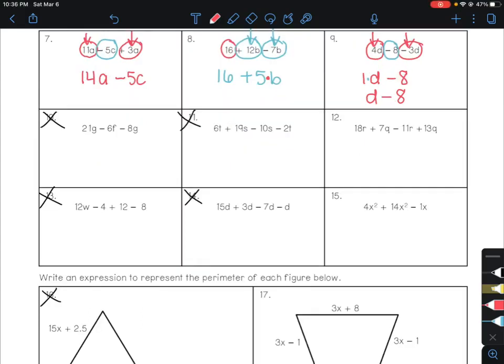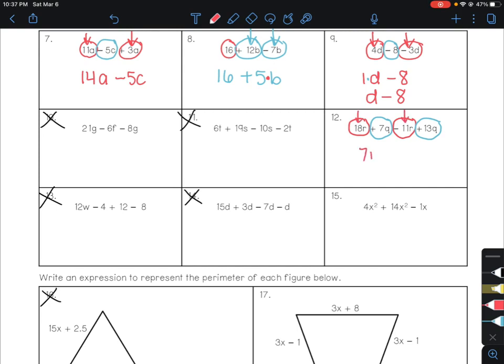In number 12, 18 times r plus 7 times q minus 11 times r plus 13 times q. So my 18r and my minus 11r are going to go together. And then my plus 7q and my plus 13q also go together. So an 18r minus an 11r is 18 minus 11.